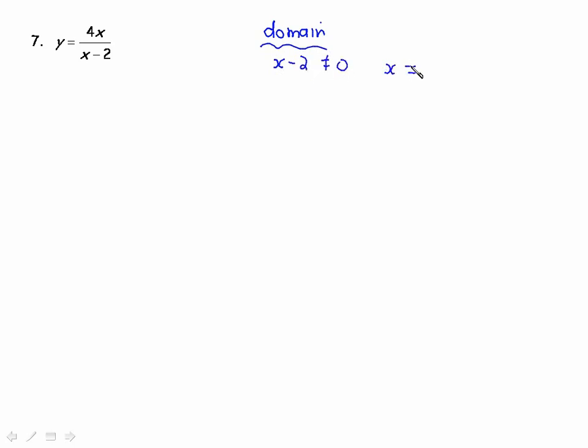So x cannot be equal to 2. So in interval notation, we would indicate negative infinity to 2 in union with 2 to positive infinity.